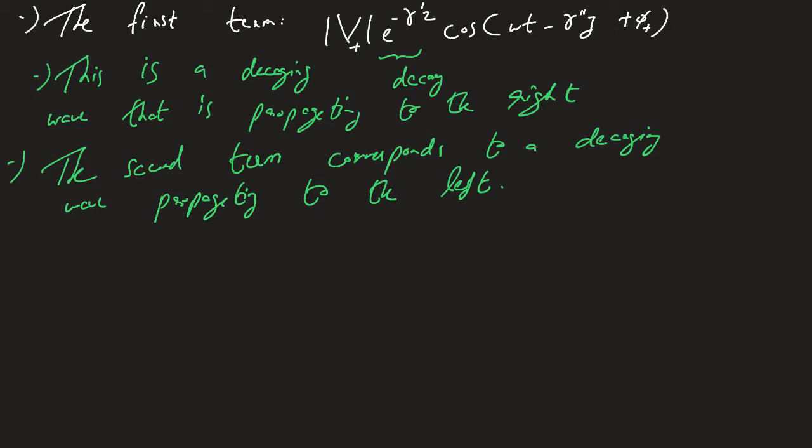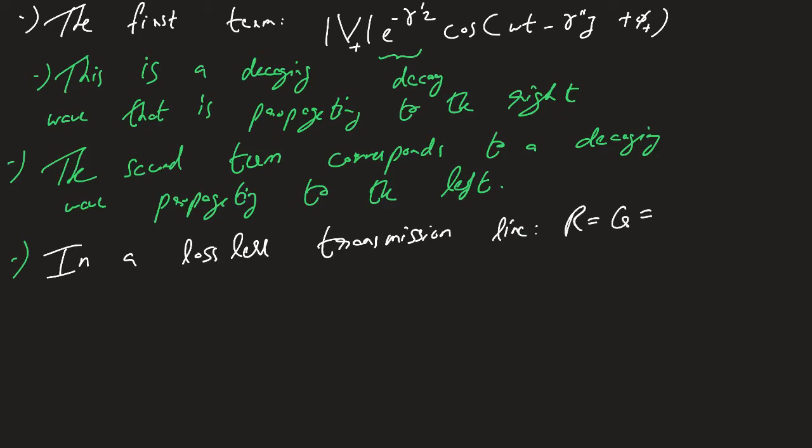So now in a lossless transmission line, R is equal to G is equal to 0.